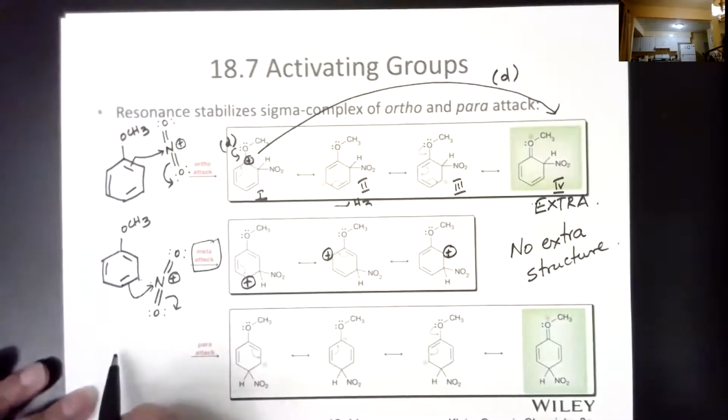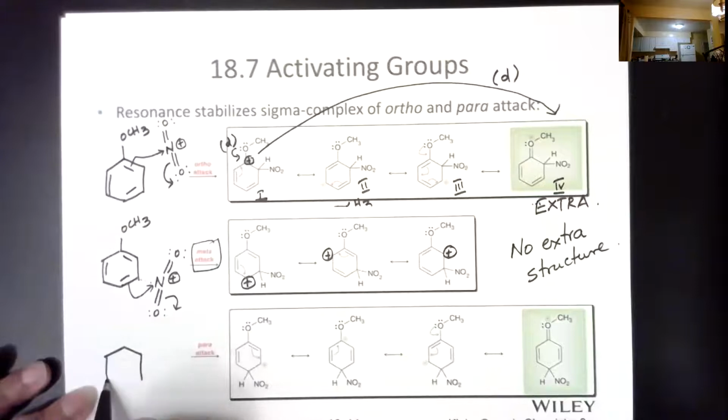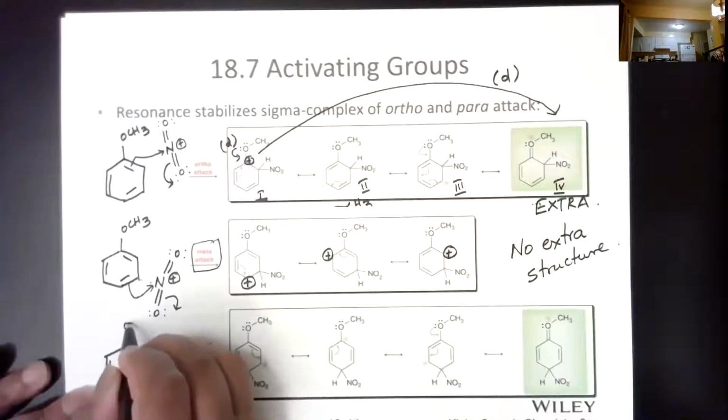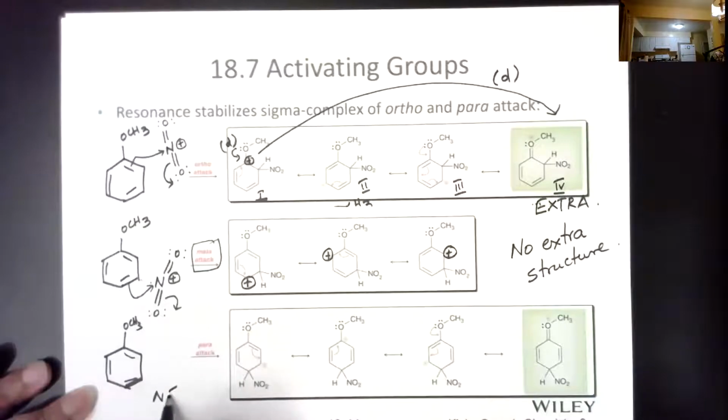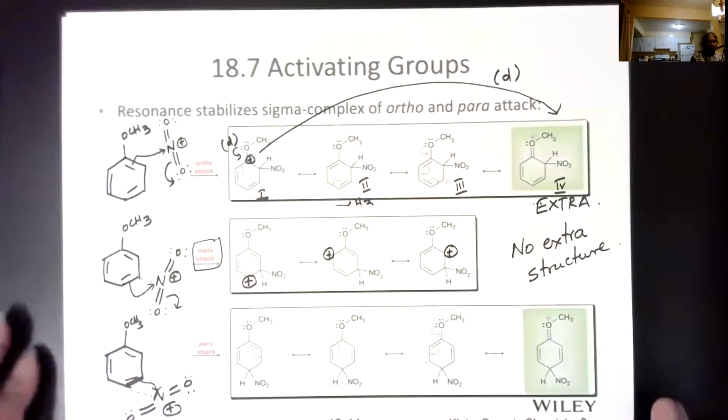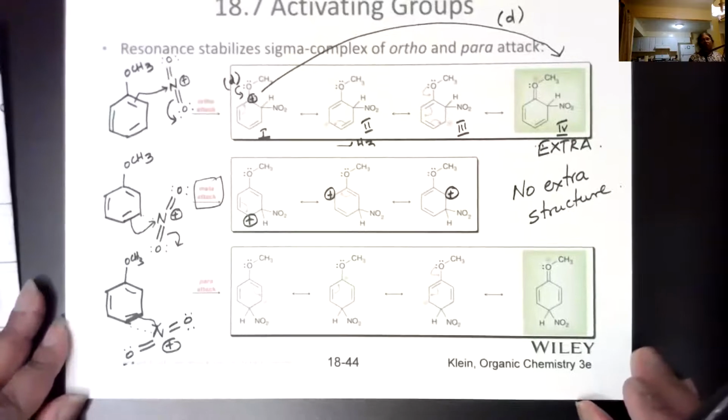And again, when you have the para attack, this is going to be more like the ortho case. Positive here, and it should attack here, right? Look in the textbook too.